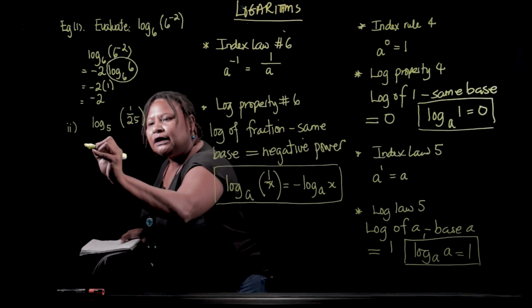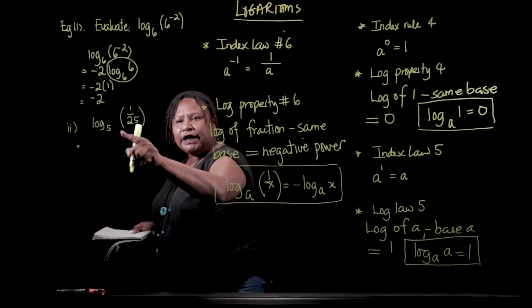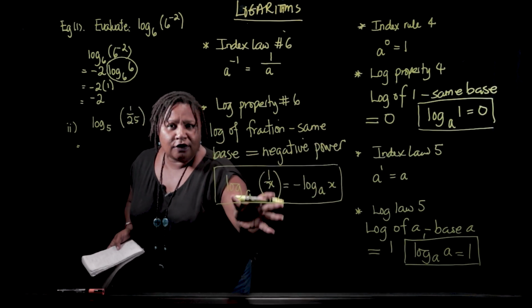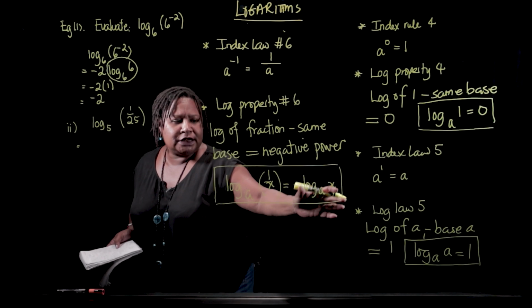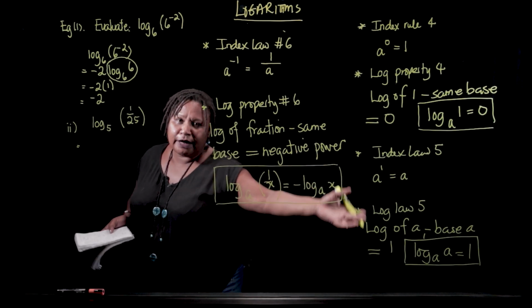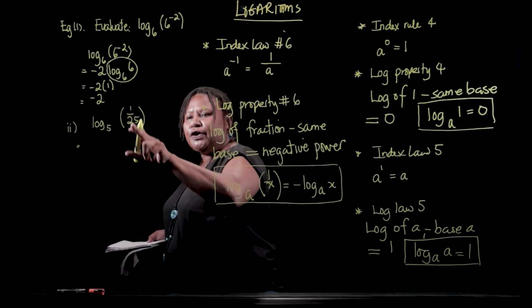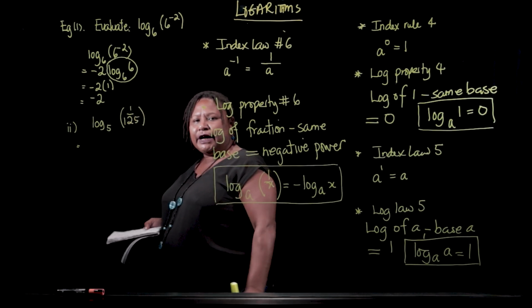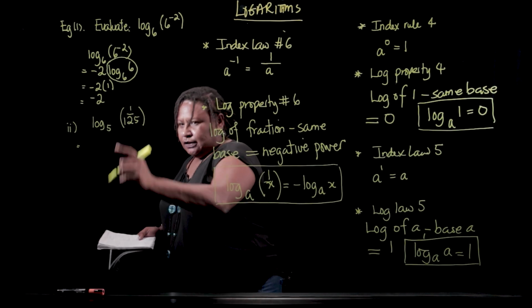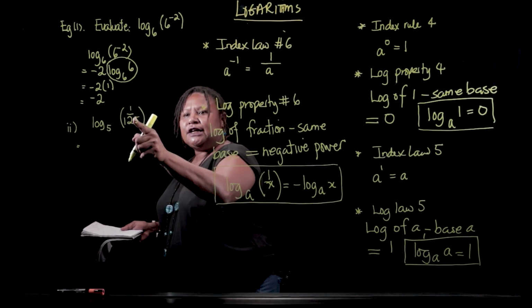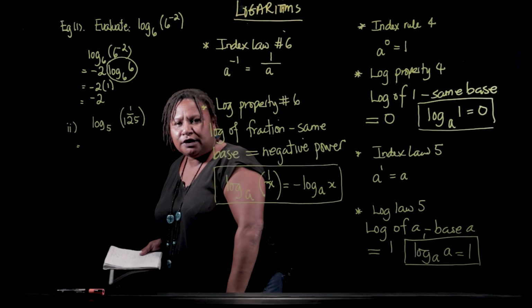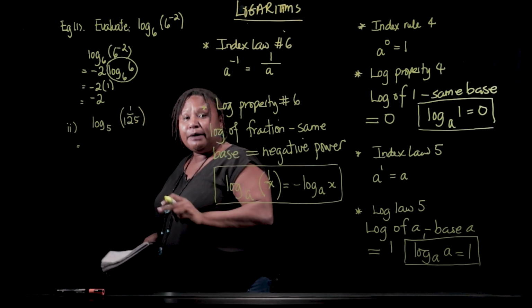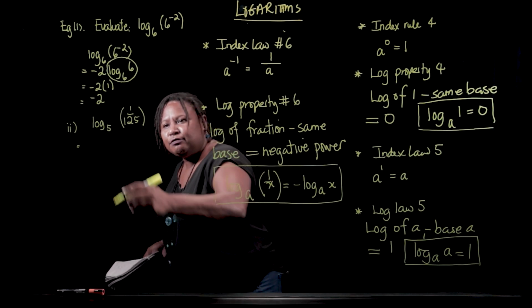Now, if you look at this fraction here, go back to our laws. If you take the log of a fraction, then it becomes negative log of the number to the base. So we're going to work with these numbers here. 1 over 125 simply means the reciprocal of a number raised to a negative power.